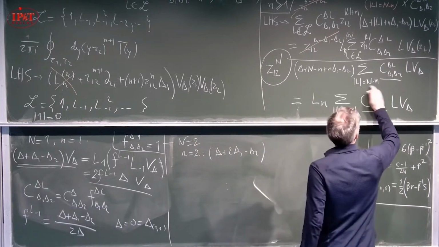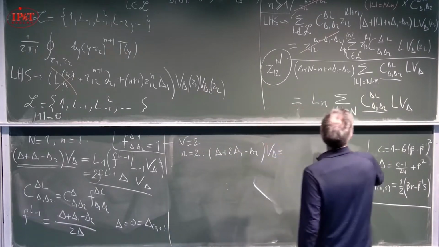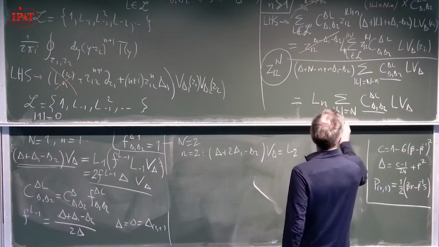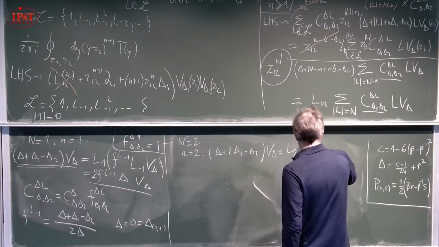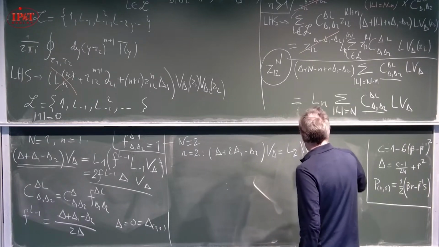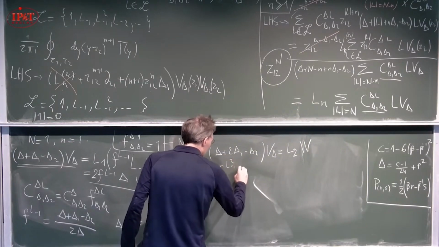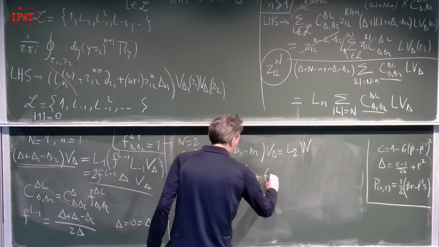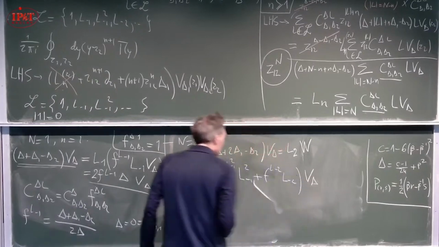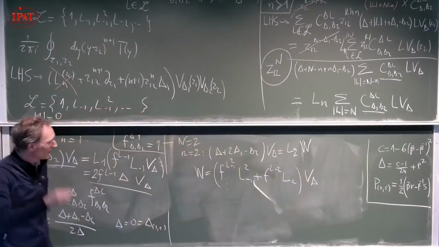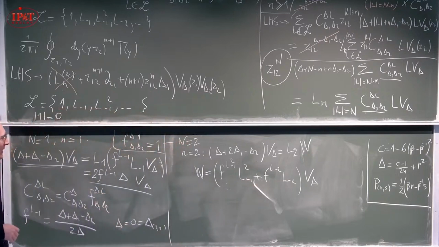Here it's again a sum at level 0, so we again get just delta equals L2 acting on some W, where I define W as my vector at level 2. It's an arbitrary descendant at level 2, but with coefficients given by the OPE structure constants.